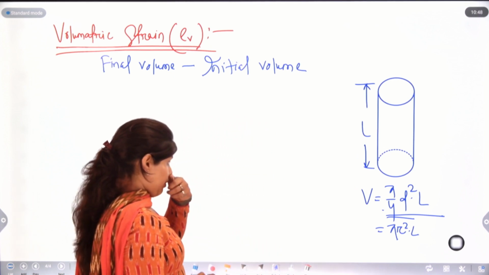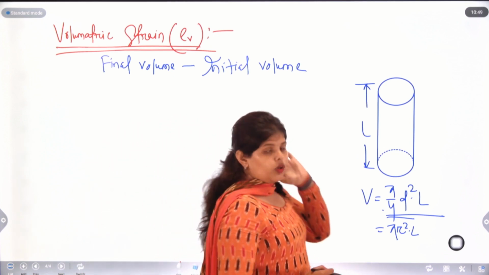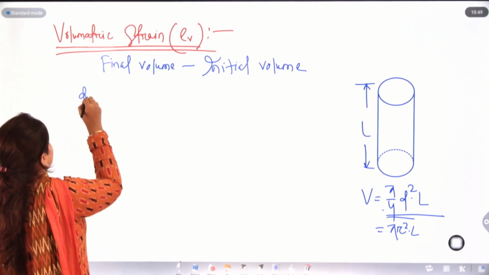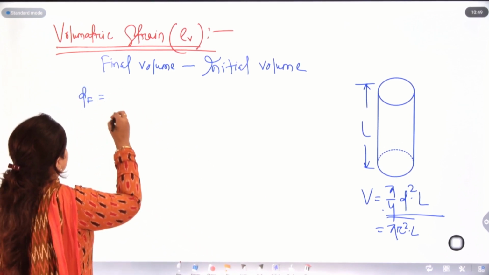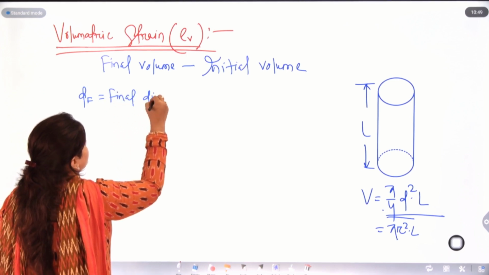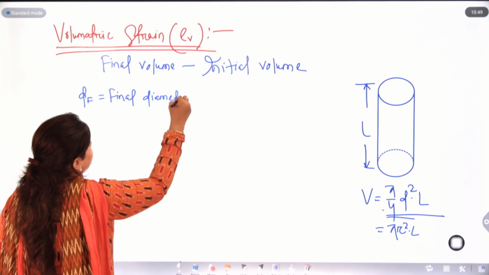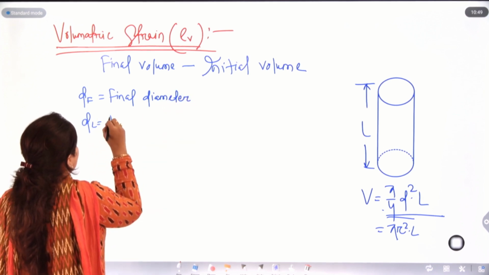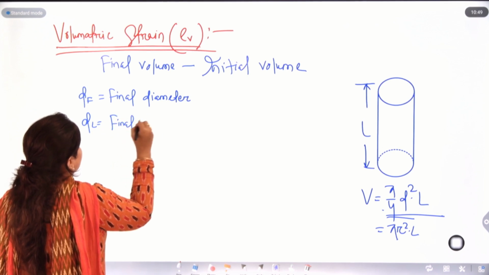So what will be our final volume? We can write d f as the final diameter and l f as the final length.